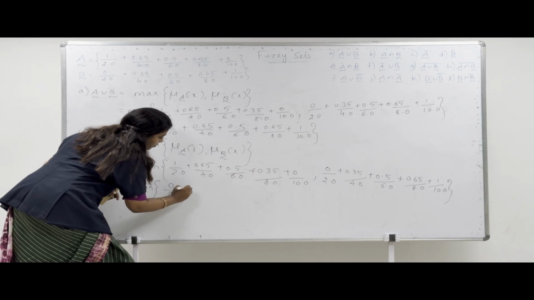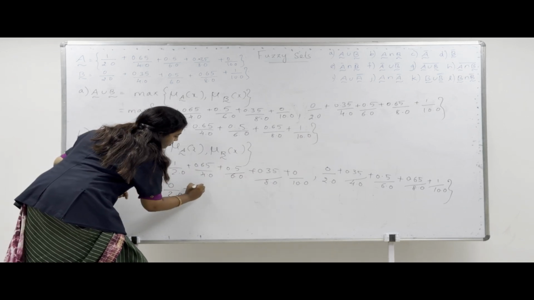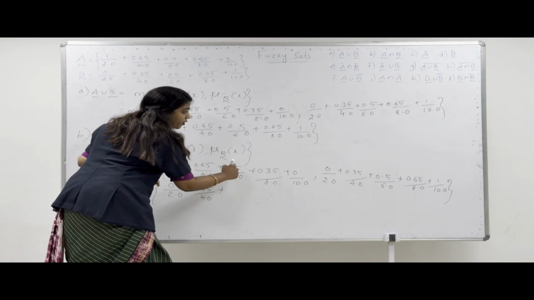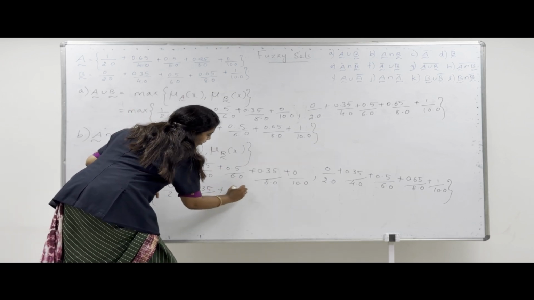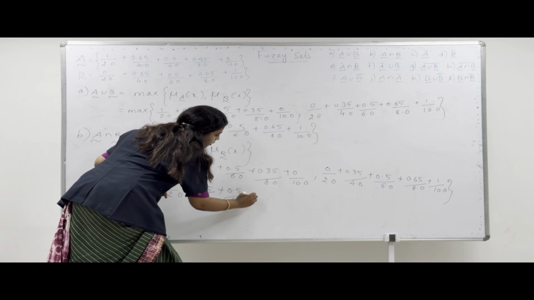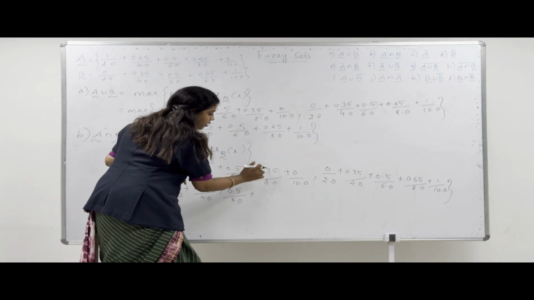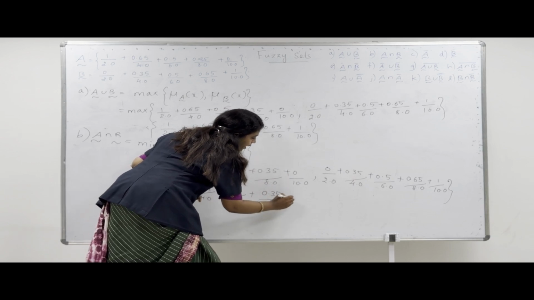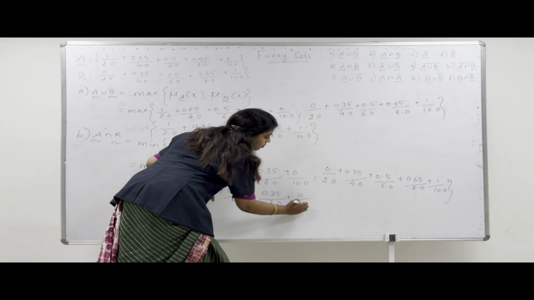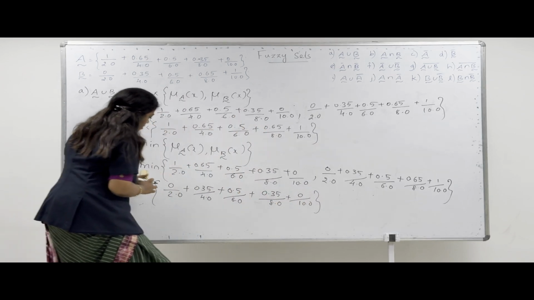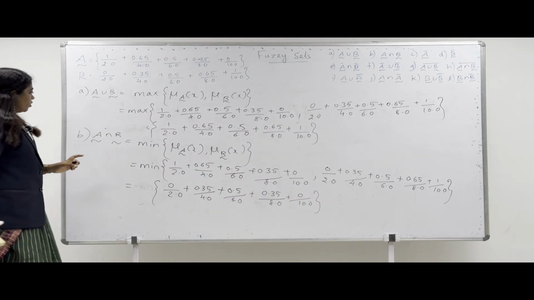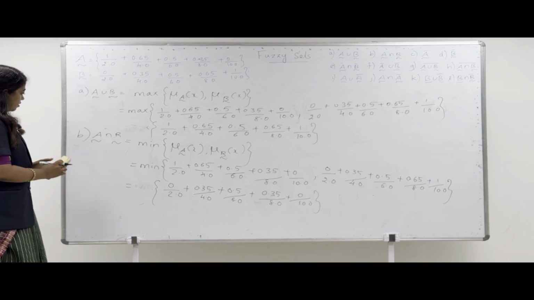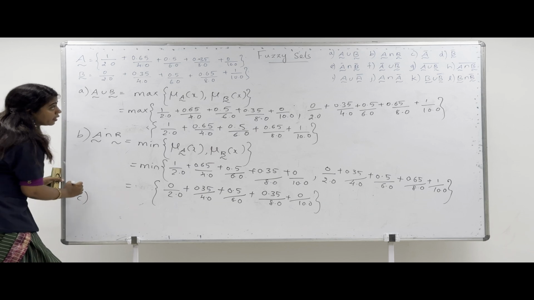Then 0.65 and 0.35, 0.35 is the minimum, then 0.5 and 0.5, 0.5, then 0.35 and 0.65, obviously 0.35 by 8.0, and 0 and 1, 0 is the minimum. Okay. So, this is the value for A intersection B.